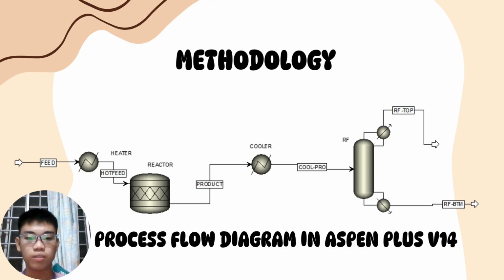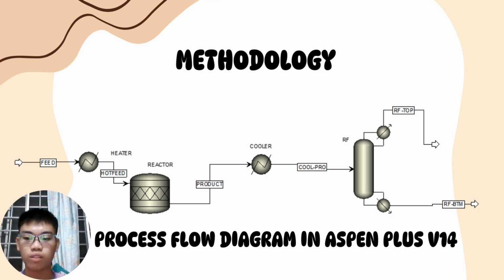Hi, I'm Yi Seng Yu, and now I will talk about the methodology of this project. The diagram here shows the process flow diagram of the methanol dehydration process in Aspen Plus V14. For the design of the simulation, the feed material, which is methanol, is preheated before entering the reactor. The reactor product was processed to a cooler in order to lower the temperature before feeding to the refractory distillation column.